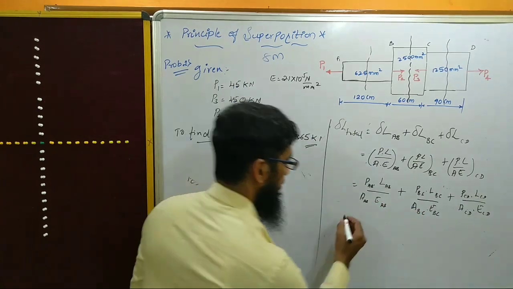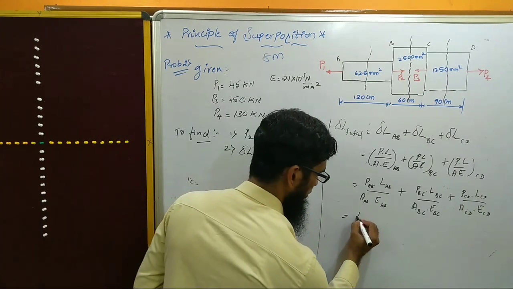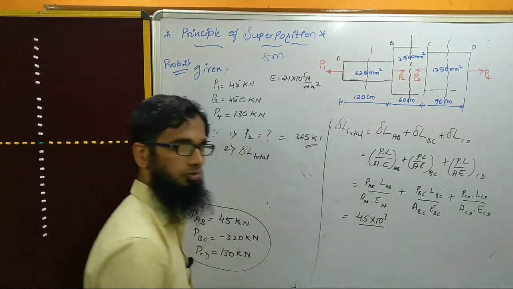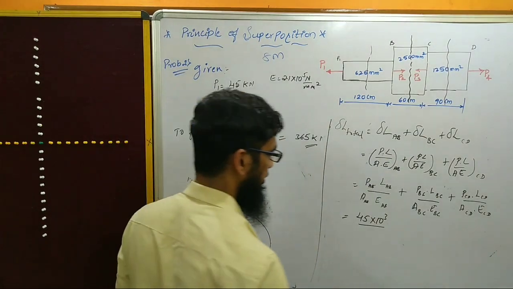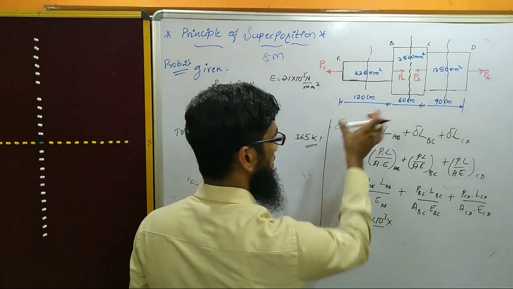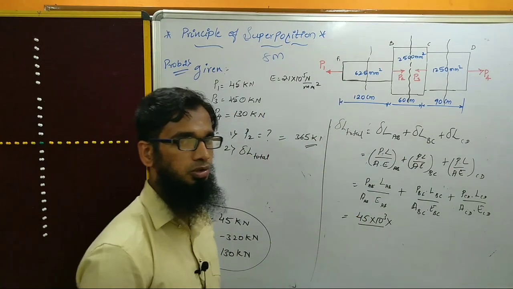Now PAB is 45 kilonewton, so I'll take it in terms of Newton. It becomes 45 into 10 power 3 Newton. The length of AB is 120 centimeter. In the entire problem, it is given in terms of mm.